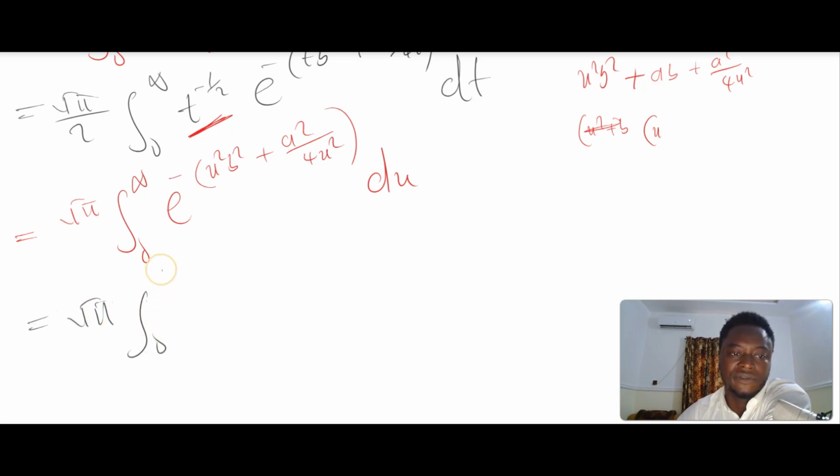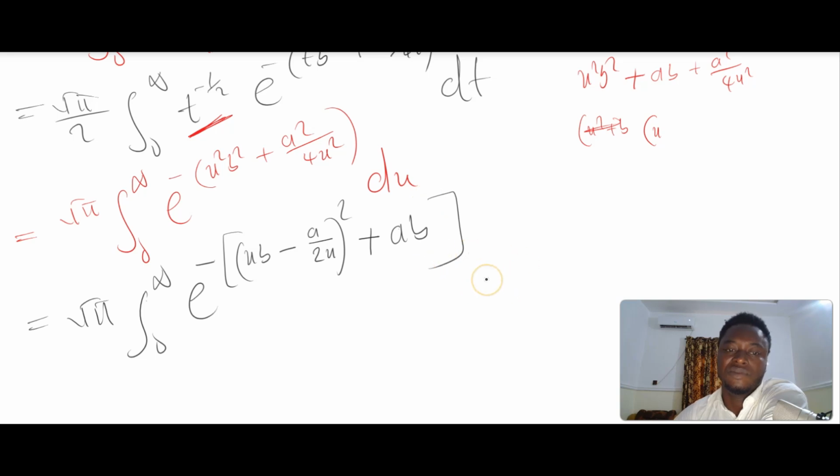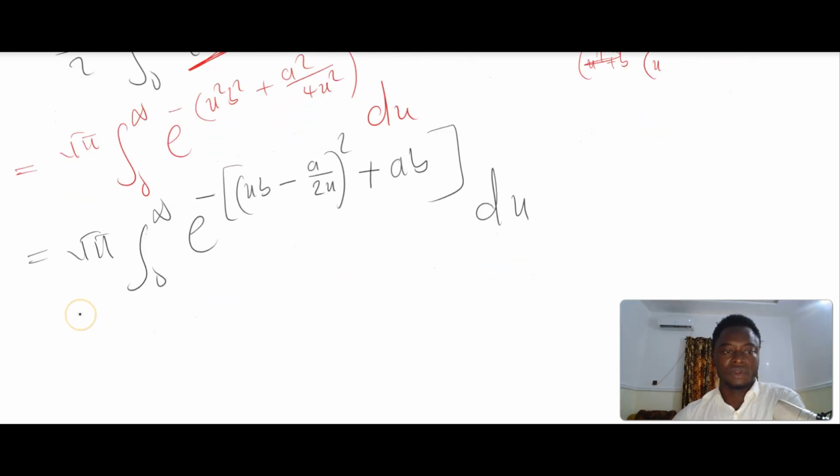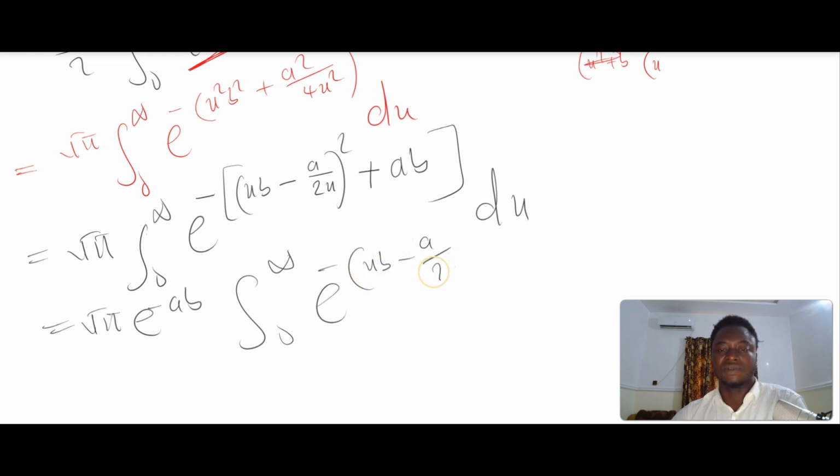So you have the integral from 0 to infinity of e to the negative, first you write ub, then minus a over 2u all squared, then plus ab. So you have square root of pi e to the negative ab, and the integral from 0 to infinity of e to the negative (ub minus a over 2u) all squared du.